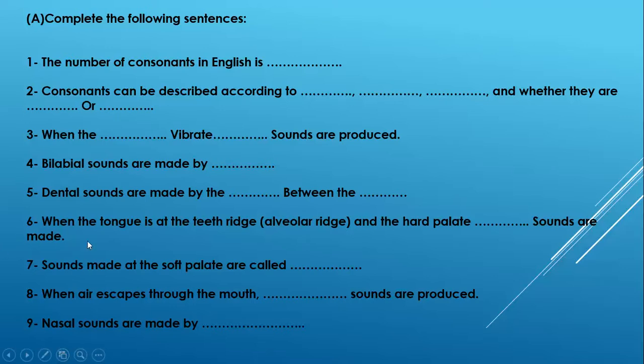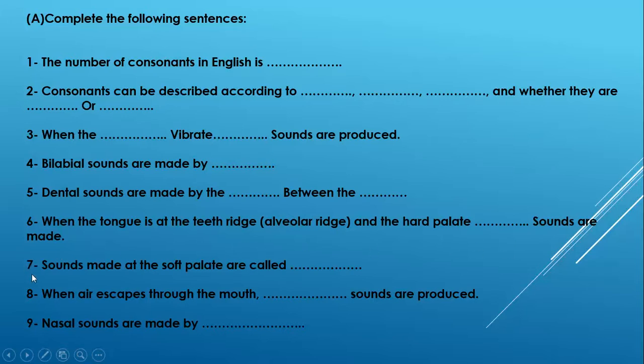Number 6, when the tongue is at the teeth ridge, or the alveolar ridge, and the hard palate, the tongue touches 2 things, the alveolar ridge and the hard palate. Something sounds are made. What is the name of that sound?